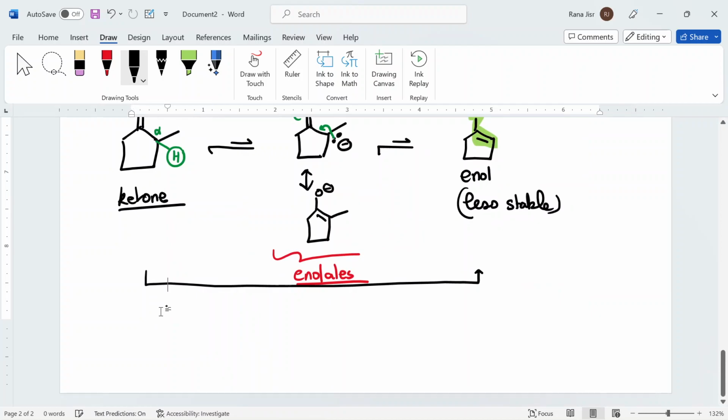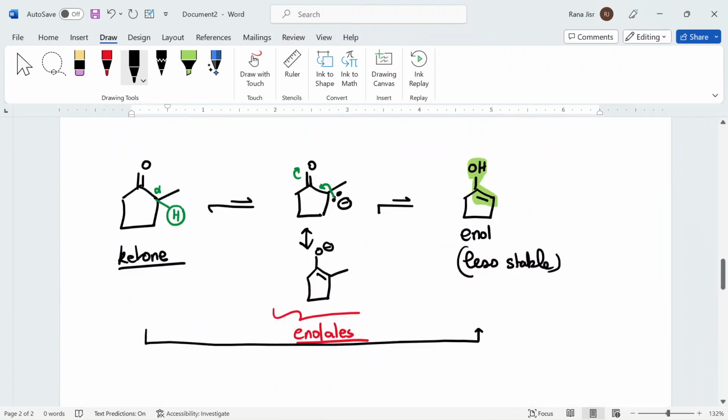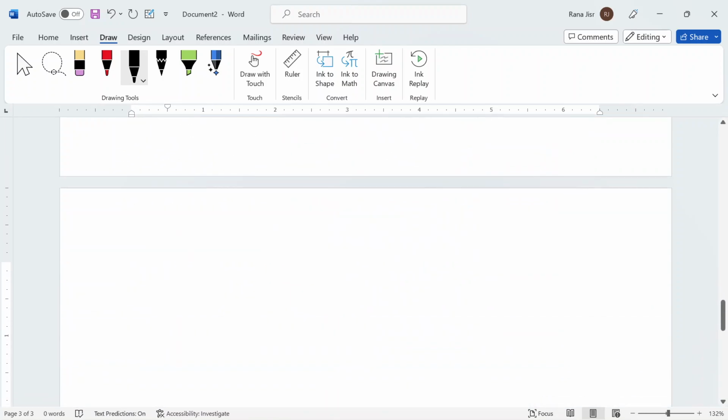Let's go ahead and consider the second alpha hydrogen of the structure. Here you go. This is the carbonyl. We do have two alpha hydrogens in here. We have an alpha hydrogen here and we have an alpha hydrogen there. The base is going to come and pick only one of these alpha hydrogens. So let's go ahead and write the enol right away. Again, to write the enol right away, this is what we said.